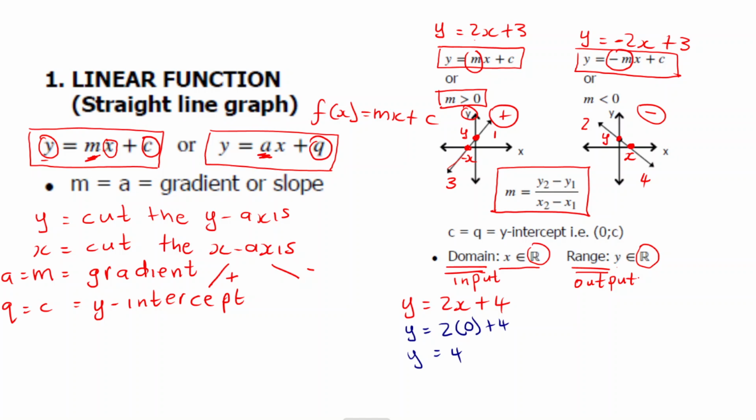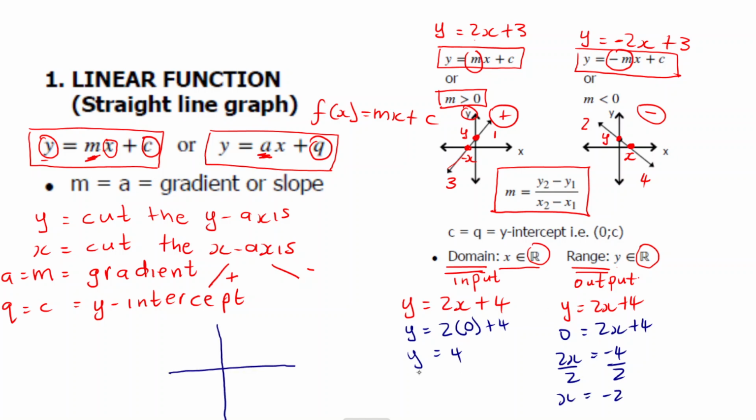The function is y equals 2x plus 4, so let's make y equal to 0 to find the value of x. Let's take the 4 to the other side, it's going to be negative, and we divide by 2. So x is negative 2, because negative 4 divided by 2 is negative 2.